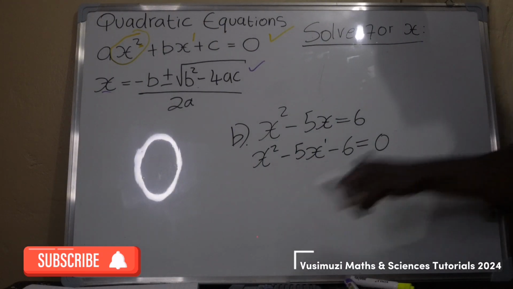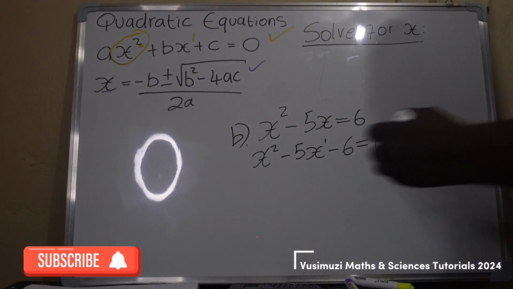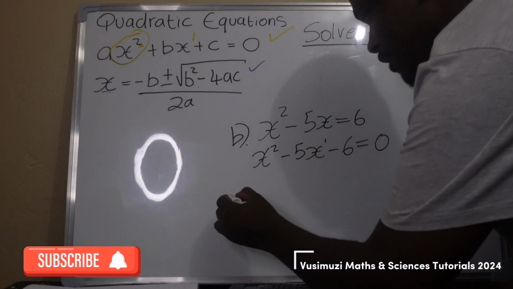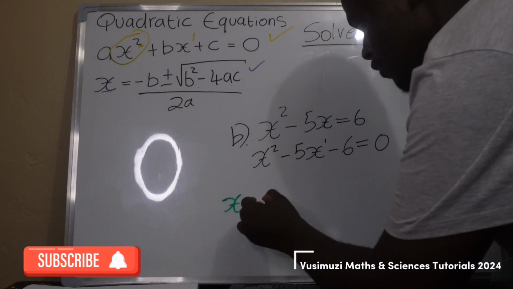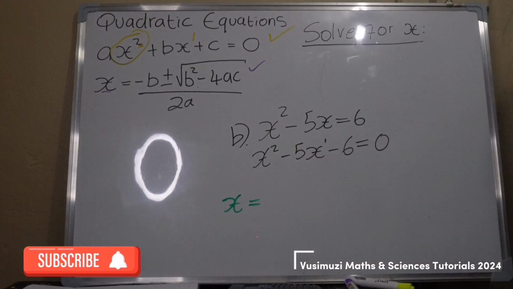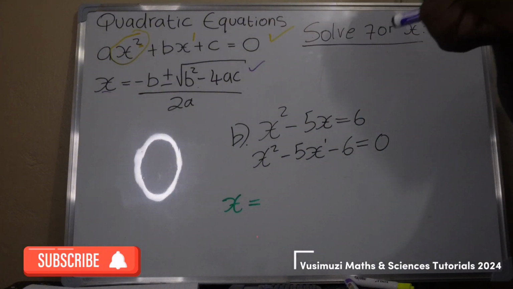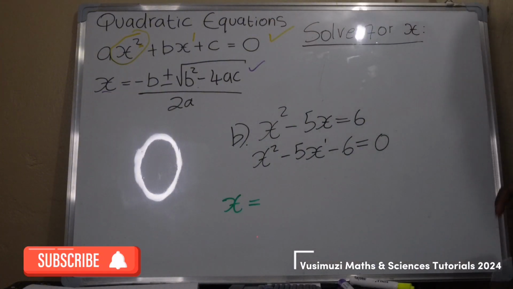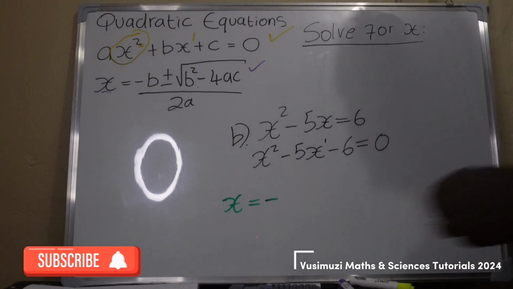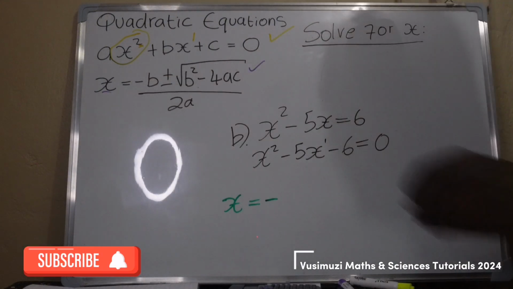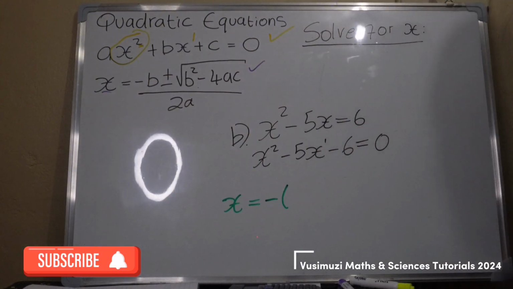Now, let us apply the quadratic formula again. x is going to be equal to, remember, you go back to the formula, I give it a minus, this negative sign, you open a bracket. What is our b?